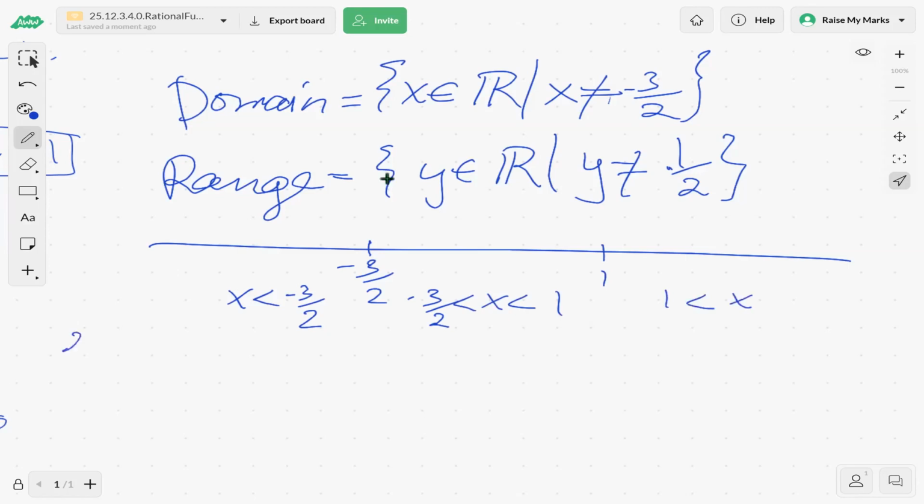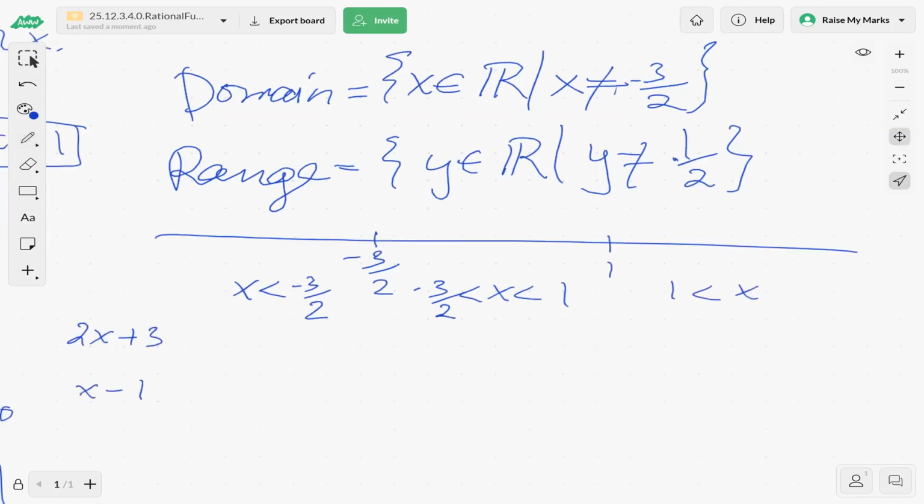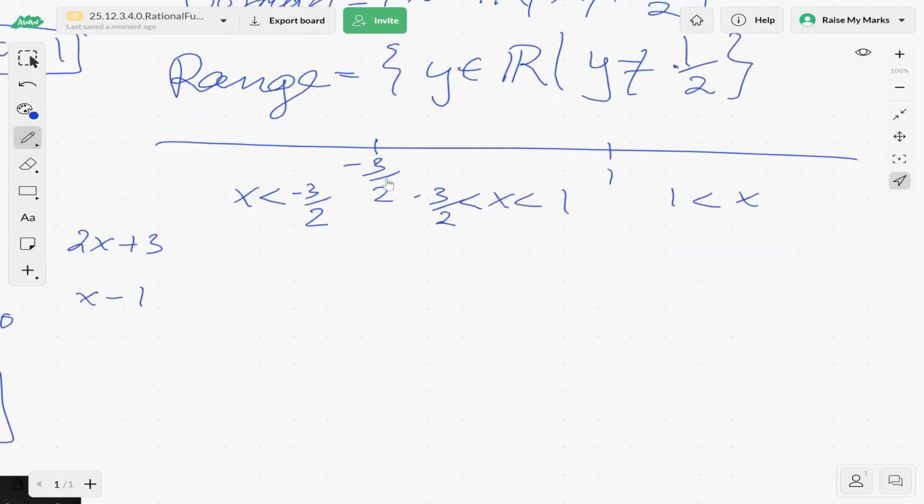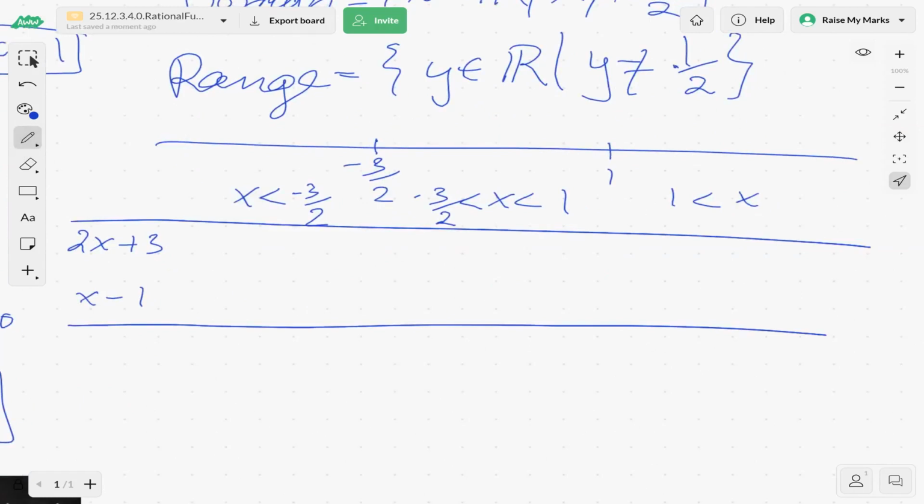Our factors are 2x plus 3 and x minus 1, and we're taking the quotient of these. Our function is x minus 1 over 2x plus 3.